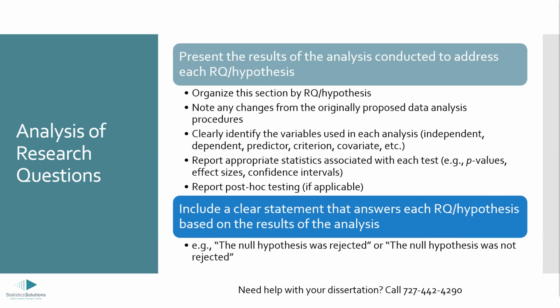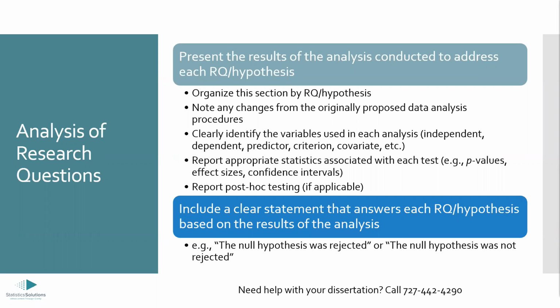And if your analysis requires any post hoc testing, you want to report the results of that. So if you're doing an ANOVA, for instance, and your ANOVA was significant, which indicates that there are differences among the groups that you're comparing, you may need to do post hoc comparisons to see exactly which groups were different from each other. So you'd want to include those results as well.